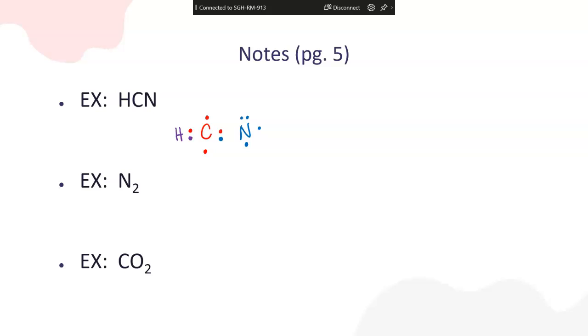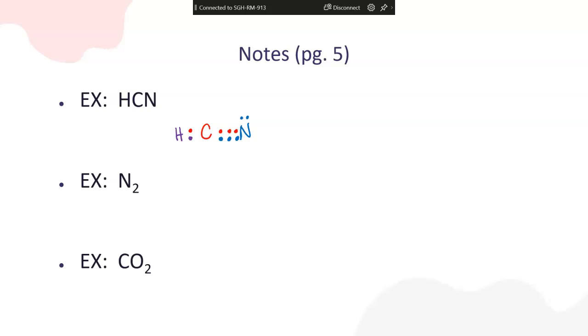We have 2 that are unpaired for nitrogen. Do we have any others that are unpaired? 2 from carbon. So I'm going to move my nitrogen ones in and get them ready to pair, and I'm going to do the same for carbon and pair them up.